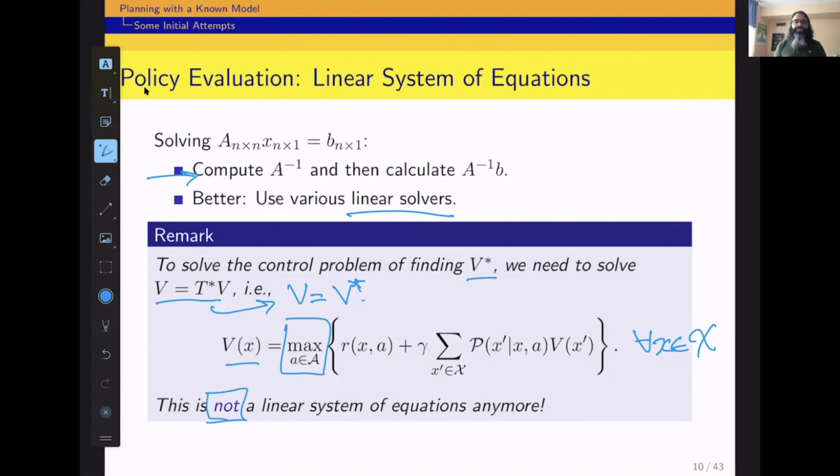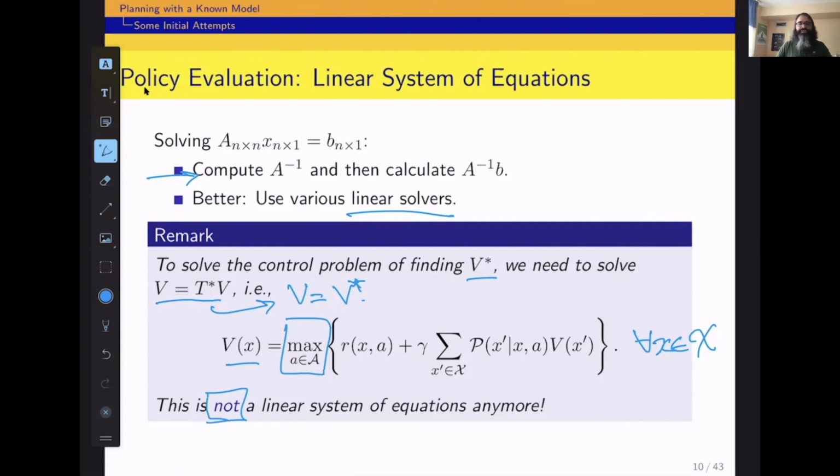So the rest of what I'm going to talk about is essentially methods that try to solve this equation in a way that benefits from the structure of the MDP and Bellman equations.